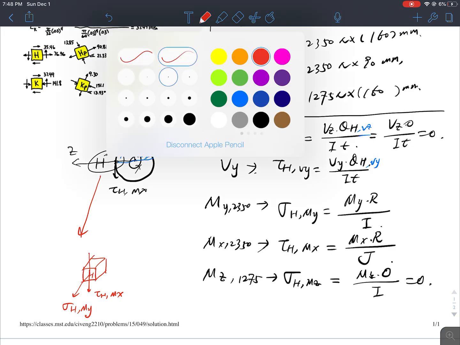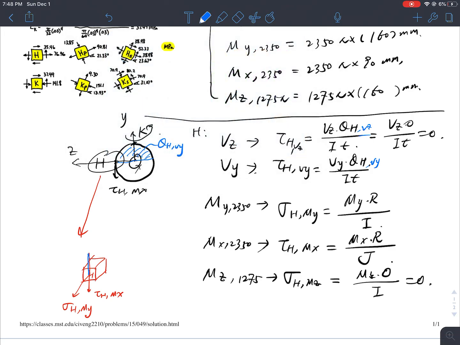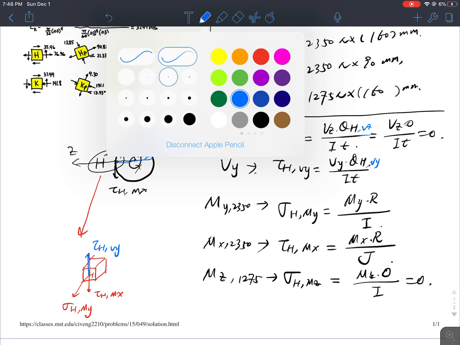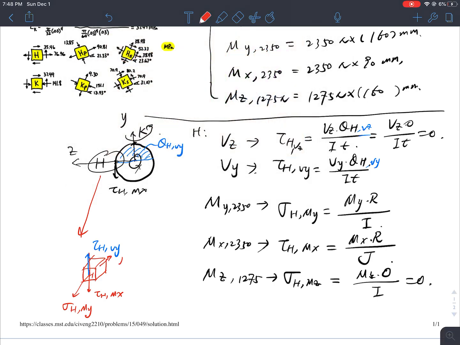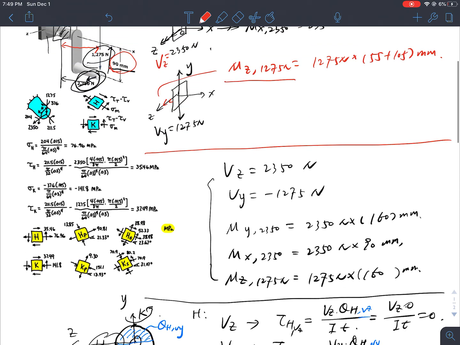And that is going upwards. Use blue. Okay, let me complete the rest of the stress. So this is the stress state for that element H. Then you can use the Mohr circle to find out the principal stress for this point.